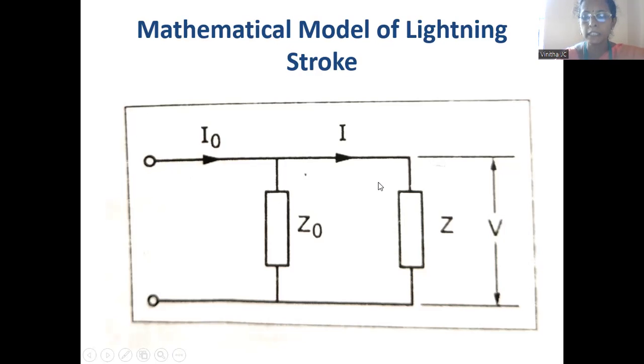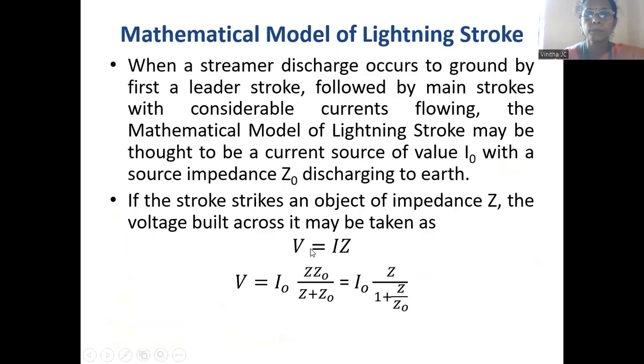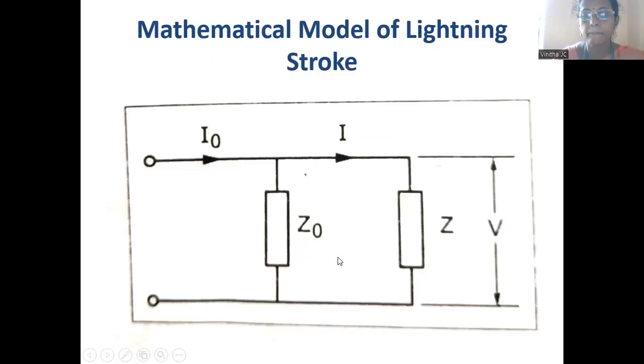For this mathematical model, we have to derive the expression. Generally, we'll write the voltage expression as V is equal to I into Z. And if the lightning strikes an object of impedance Z, the voltage that will be built across the object, for that voltage only, the expression is defined. And V is equal to, we can write the expression from this equivalent circuit.